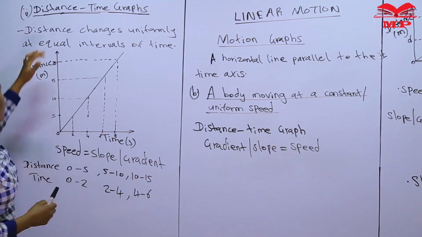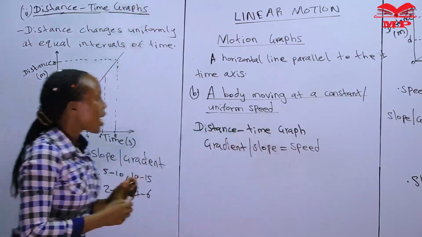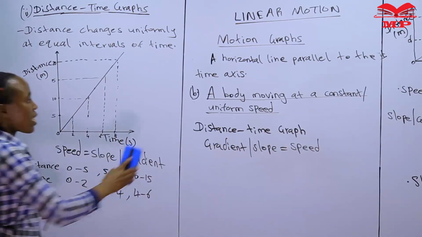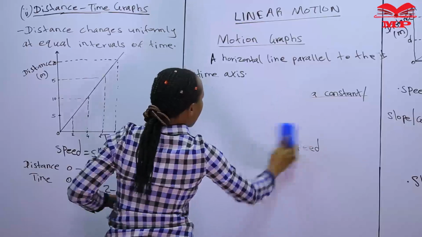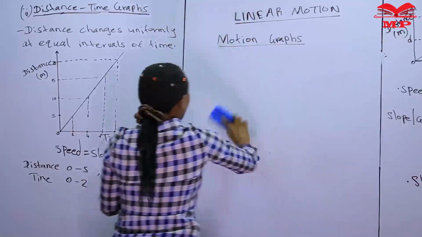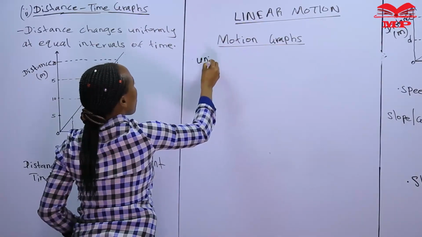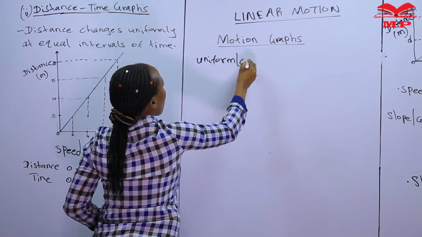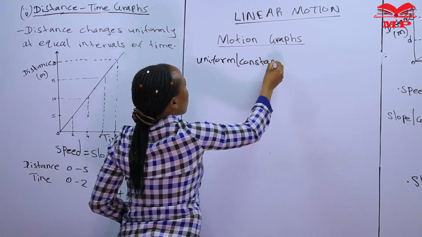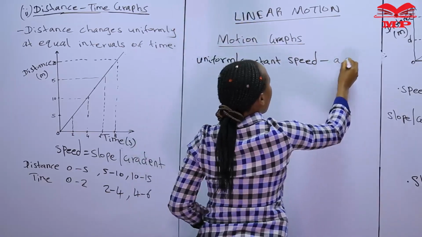So a distance-time graph for a body moving at uniform or constant speed is a straight line graph.